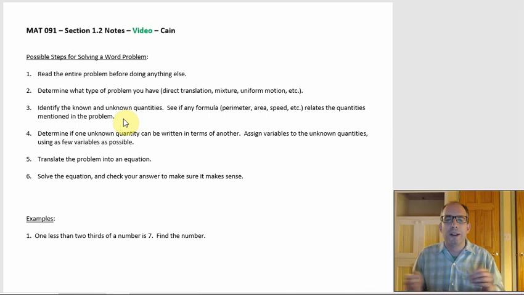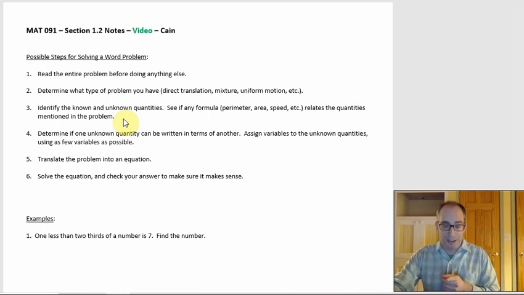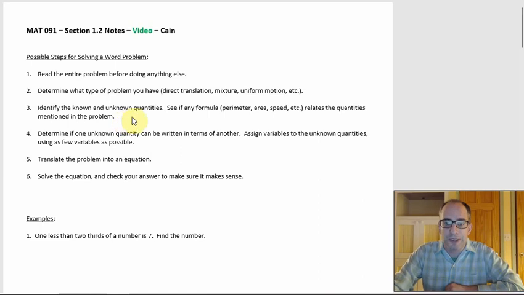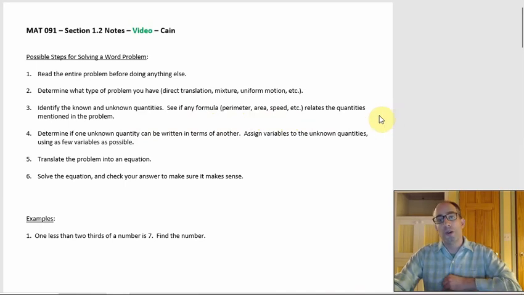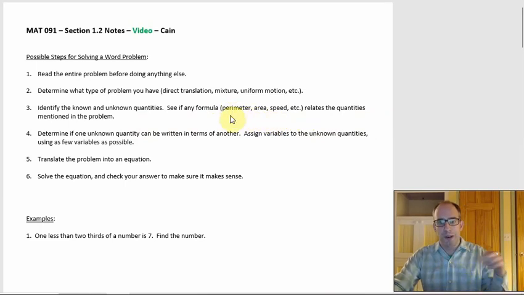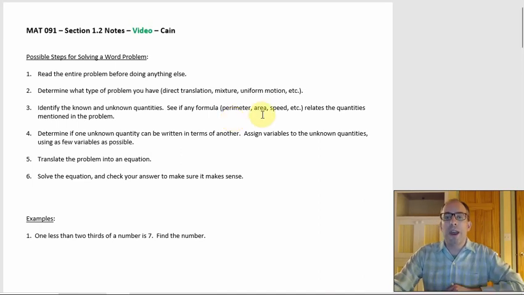So just figuring out what you know and what you're trying to solve for, that's an important step. And see if any formula relates the quantities mentioned. Speed equals distance over time, that's a big one. Perimeter, especially of a rectangle: the perimeter is 2 times the length plus 2 times the width, which ends up being really helpful. Area, again with a rectangle, area equals length times width, that's a big one.